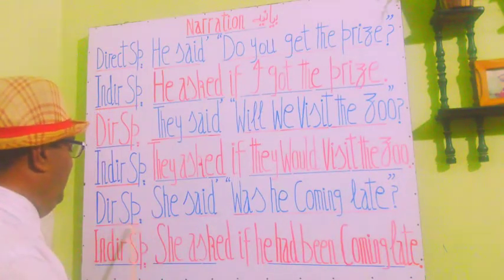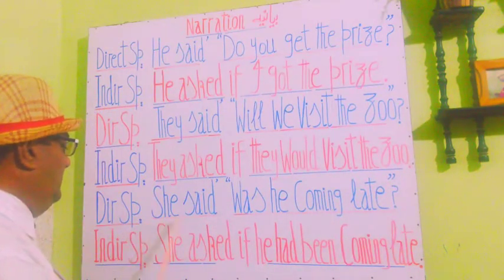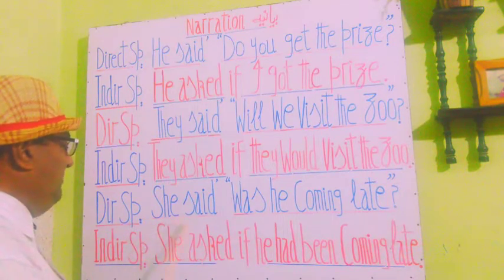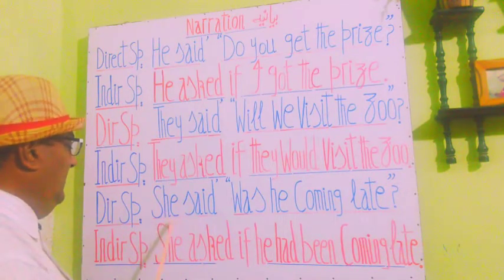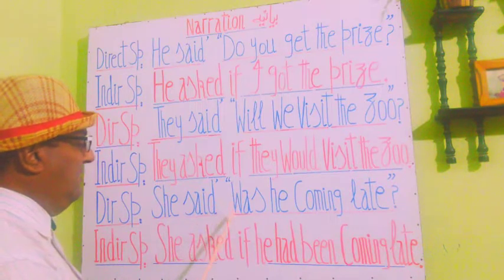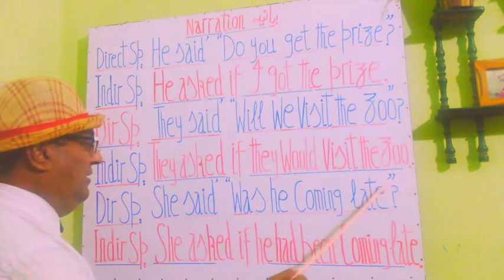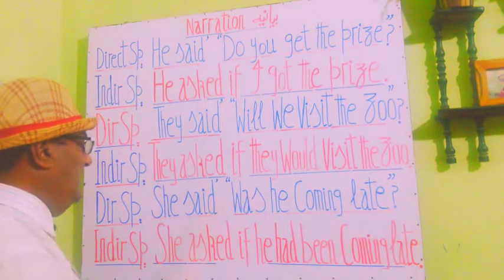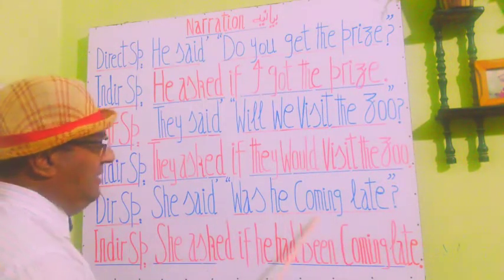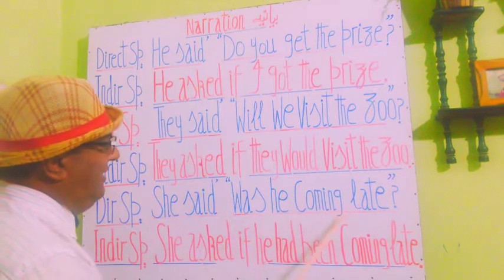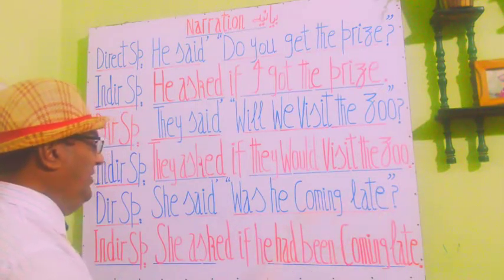Now proceed to the third direct speech statement. You see, she said, comma, inverted comma, "Was he coming late?" Comma closed, interrogative sign.